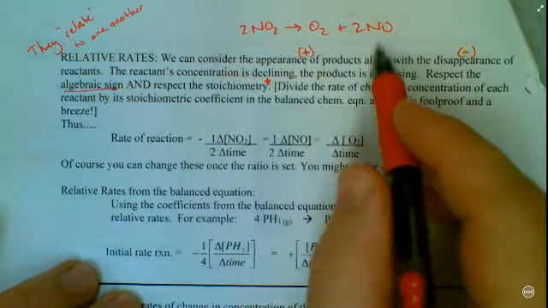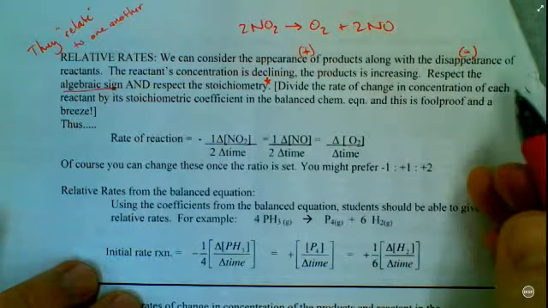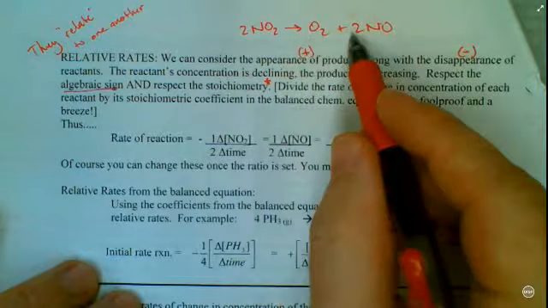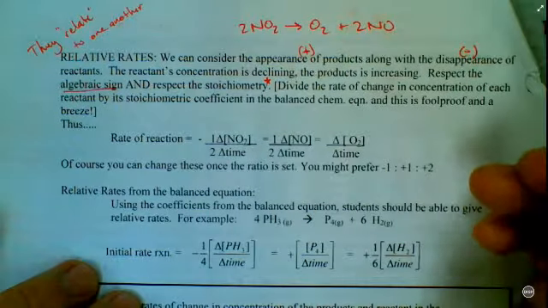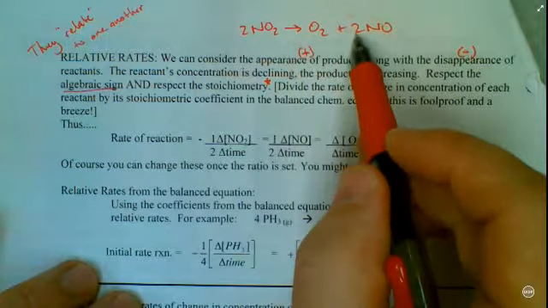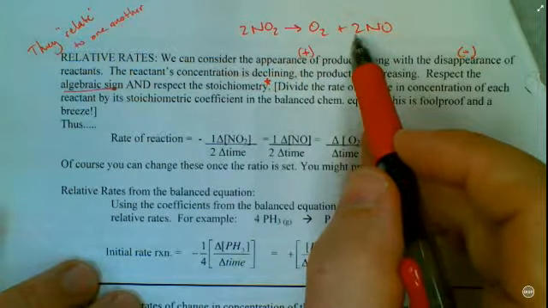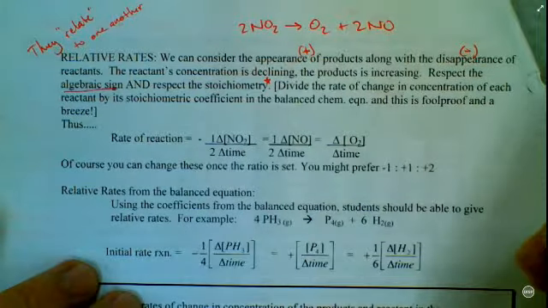Once we've balanced this appropriately, all we're going to do is turn each of these coefficients into a fraction. We put each of these stoichiometric coefficients as the denominator in our relative rate.